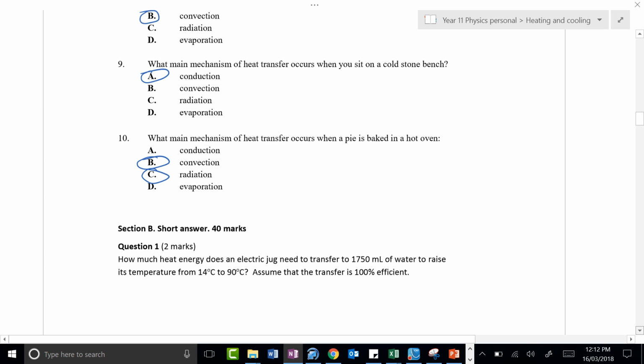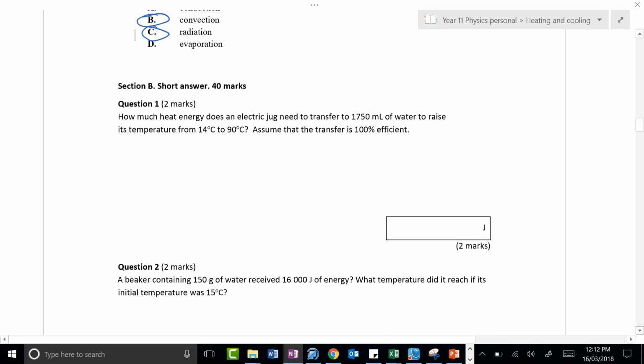So we'll move on to the short answer section, and I'm pretty sure you can do most of these basic calculations. How much heat energy? At the moment we're thinking heat energy, we're thinking Q. How much does an electric jug need to transfer to 1750 mL of water? We're going to convert that mass to 1.75 kilograms, so we've got to be in kilograms.